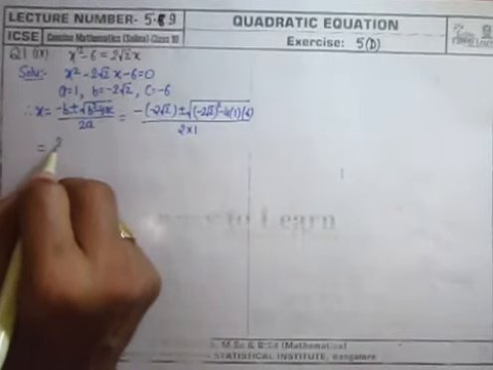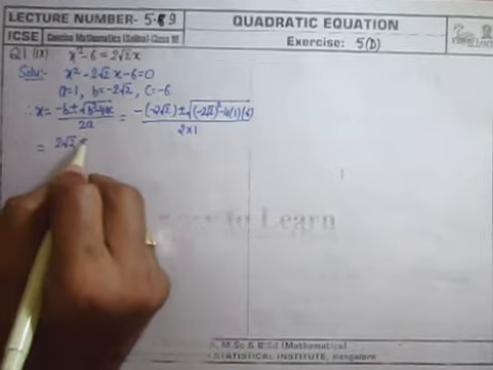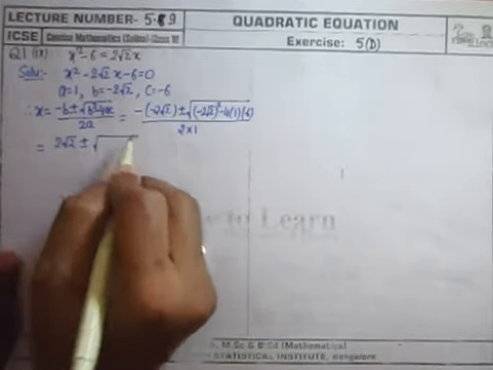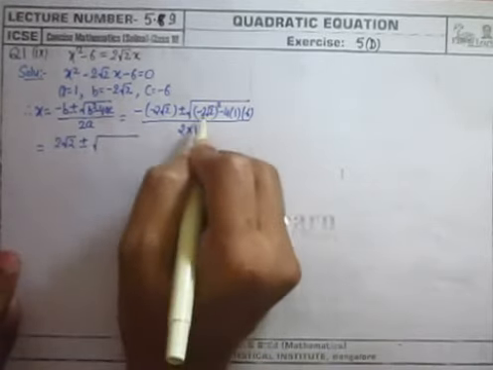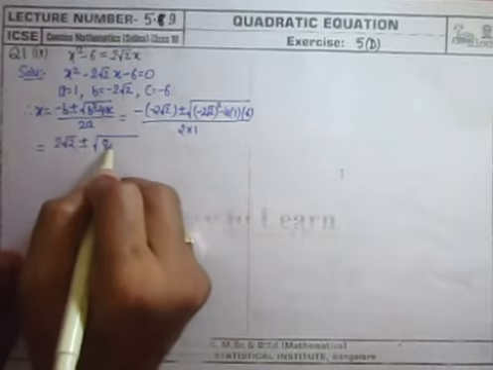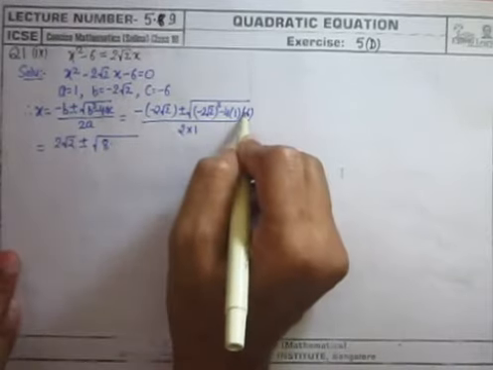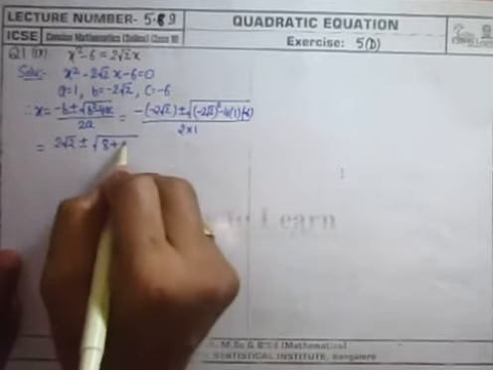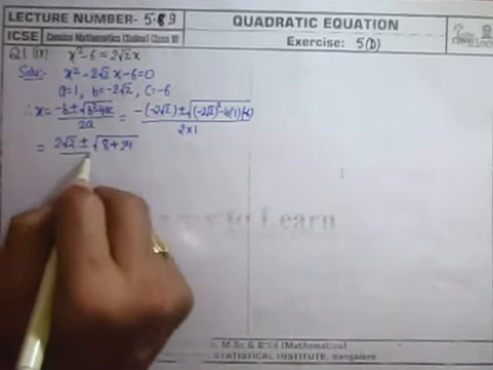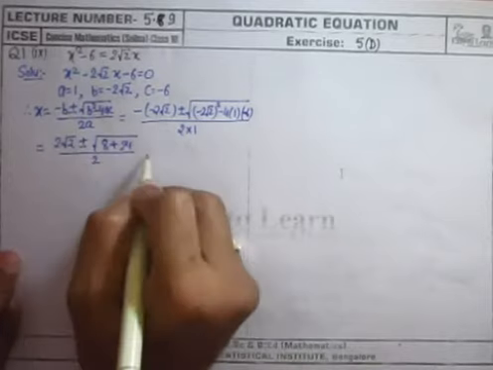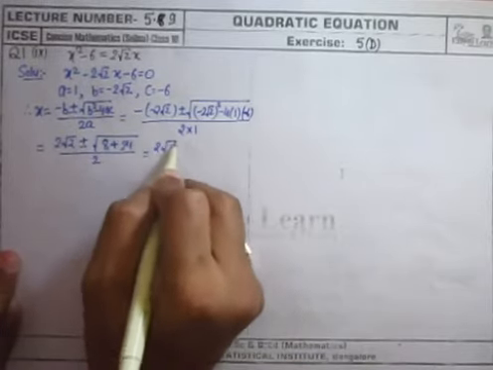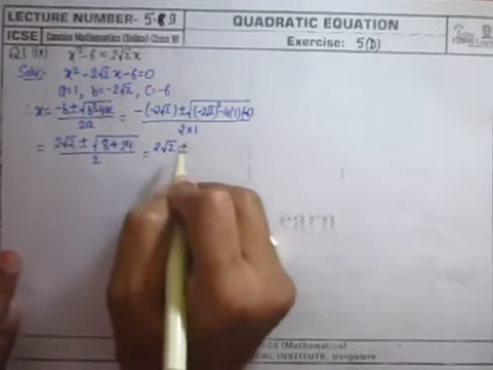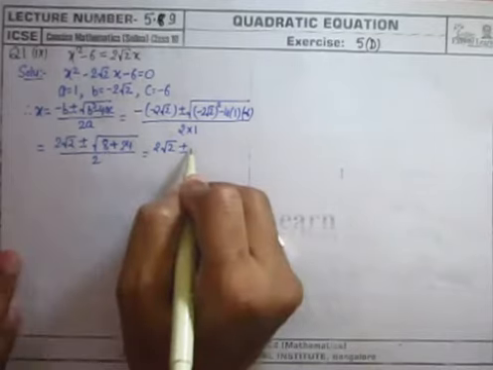Now it will be 2 root 2 plus minus root under, the square of this is 8, and it is minus, so this will be plus 6 4s are 24, divided by 2. So it is 2 root 2 plus minus root 32 by 2.